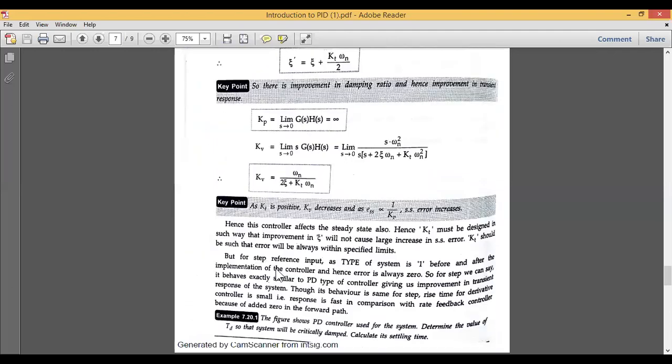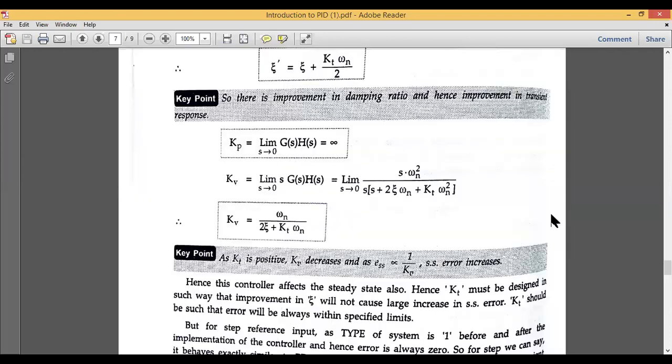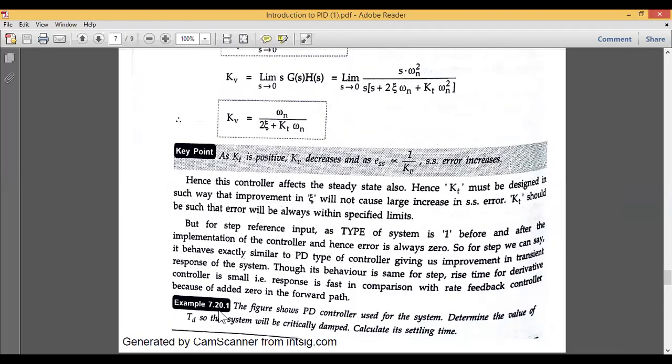Based on this equation, let us see one small example. The problem is example 7.20.1. A PD controller is given, they have not mentioned a PID controller, only the proportional derivative controller for the given system.